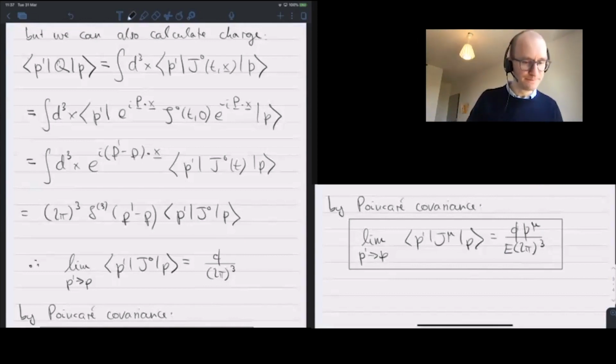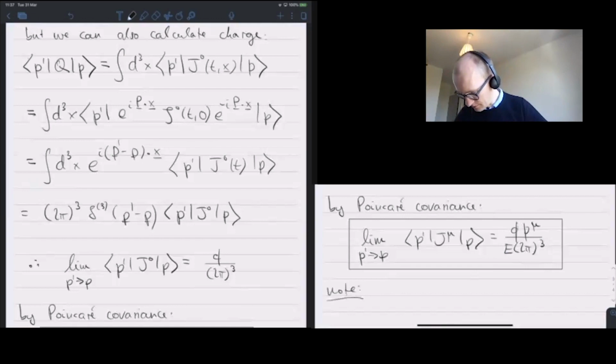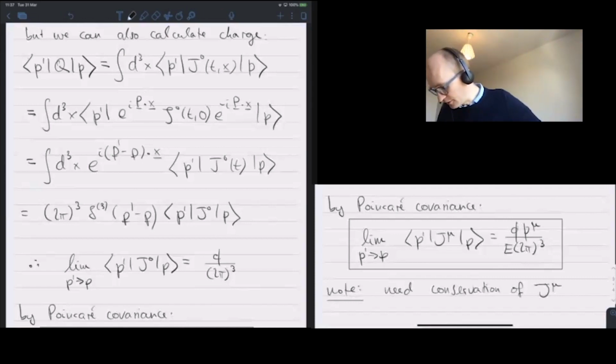Okay, so I just want to say that implicitly we need conservation here for this argument, of J mu. Good. I'm glad I caught myself there with the q mu, and so it's q p mu over e 2 pi cubed. Excellent.